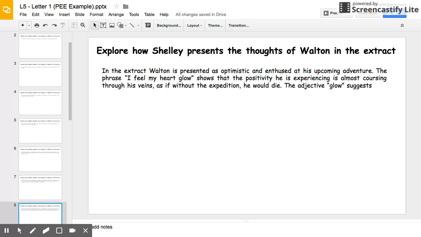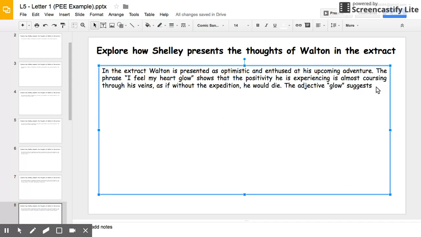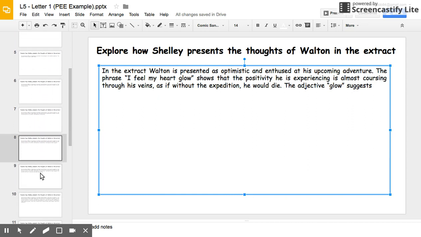I want to take out a key word. We're going to talk about this a lot this year in terms of keywords, okay? In terms of making sure analysis is even more specific, okay, that it's even more detailed. Here I've picked out glow. The structure here is exactly the same as before. I've introduced it, I have my quote, then I have my explanation word.